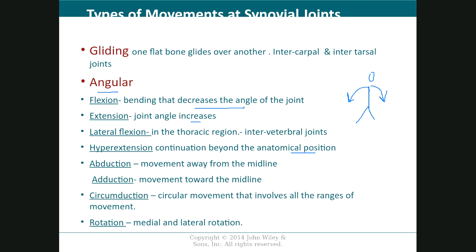Abduction and adduction. So when we're thinking of abduction, AB, this is away from the midline, whereas adduction is adding to the midline. Circumduction is a circular movement. Rotation could be either medial or lateral rotation.